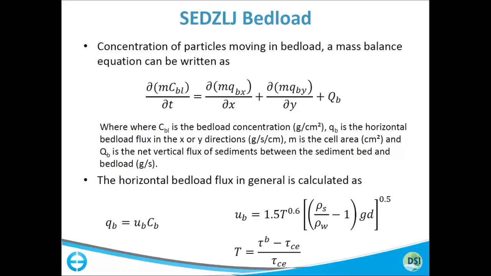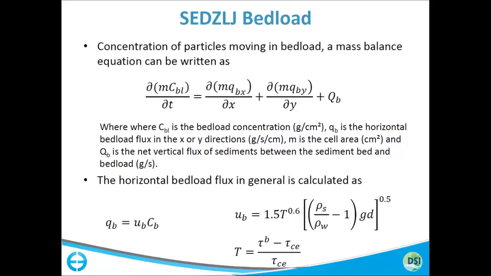That works perfectly fine if all your cells have the same area, but they don't. When they don't, you end up with a unit mass being transported that is supposed to be representative of the entire cell area, and then gets transferred from cell to cell to cell, introducing mass balance error when you calculate mass balance at the end. All we had to do is multiply it times area, convert it to total grams of bed load, and then transport the total mass appropriately according to the equation down here.